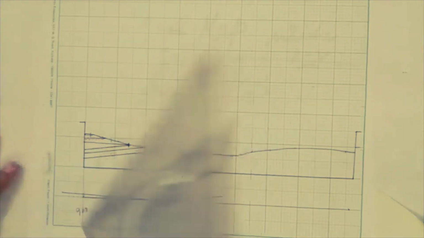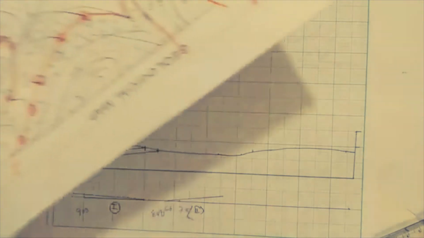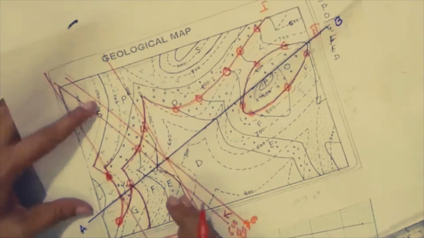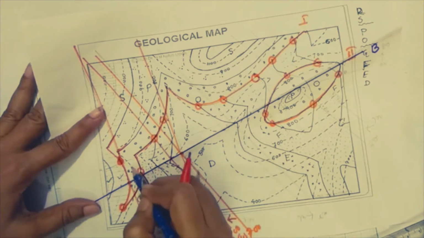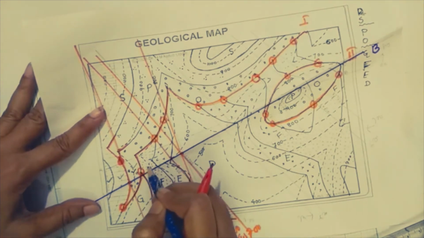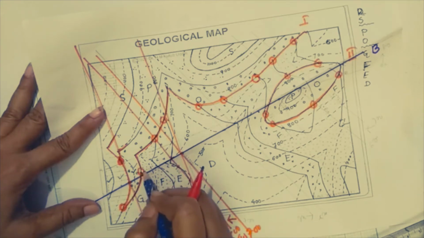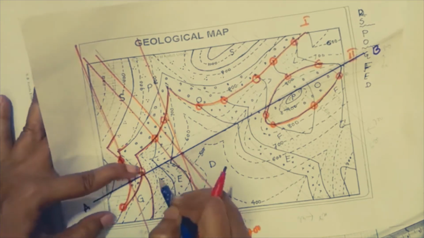Go through this geological map. I have plotted these two horizontal beds in the sandwich position between two consecutive lines of unconformity. And again I have plotted 1, 2, 3 beds.